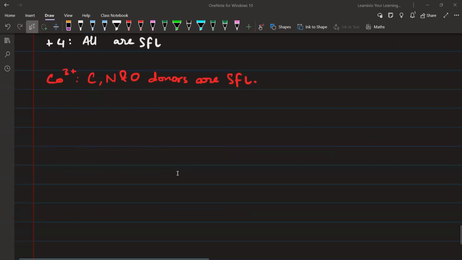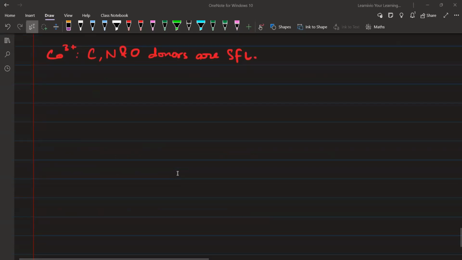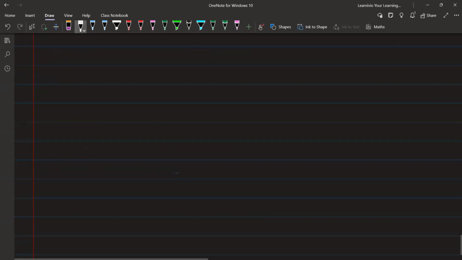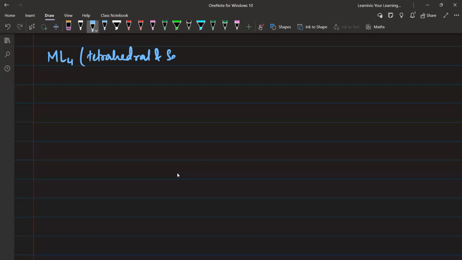ठीक है, next देखिए. That is Ml4. Now in Ml4 there are two possibilities: tetrahedral and square planar. Okay, so whenever you have four ligands, then first of all you are going to look at the d electrons.